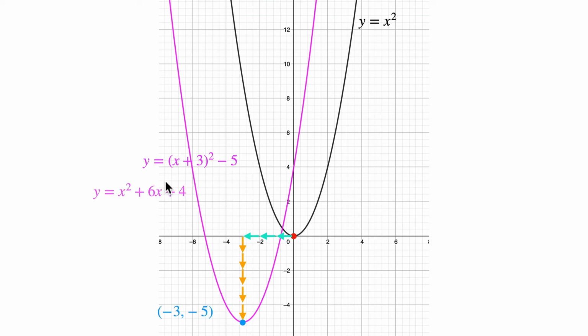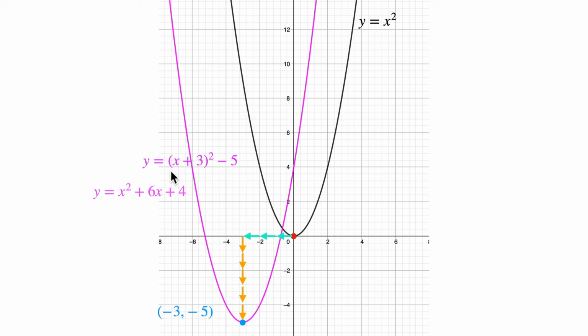In the developed form, this would be x squared plus 6x plus 9 minus 5, which is x squared plus 6x plus 4. If you see this equation in this form, it would be really difficult to know that this parabola looks like this. But if you have this in this form, you see at once that the new vertex must have coordinates minus 3, minus 5.